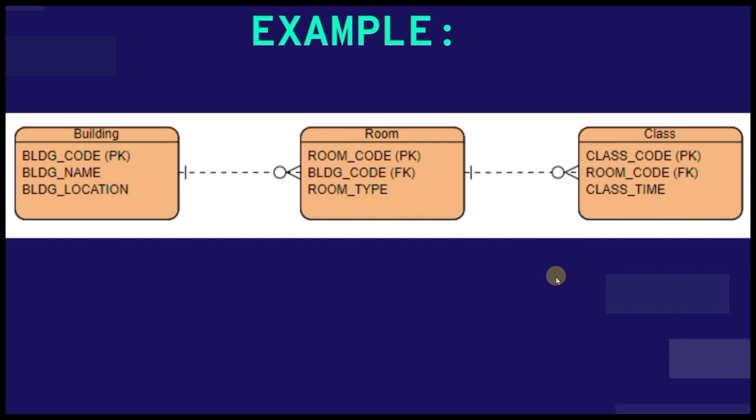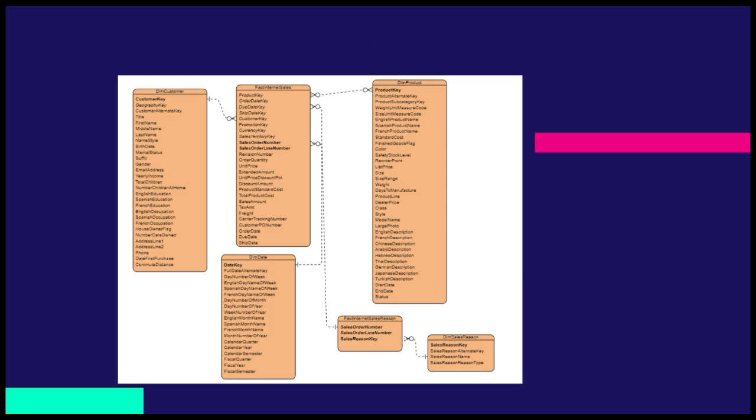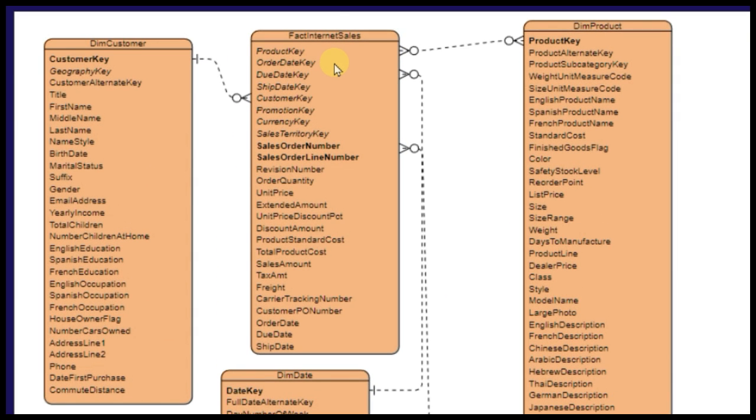Let's look at the tables we'll be querying in the Adventureworks database. So the fact internet sales table in the middle is the one we'll use the most. And you can see here how it is related to other tables. The customer table, for example, has a primary key as customer key.